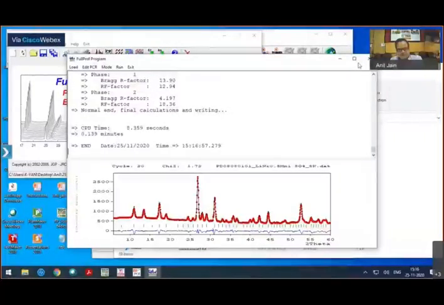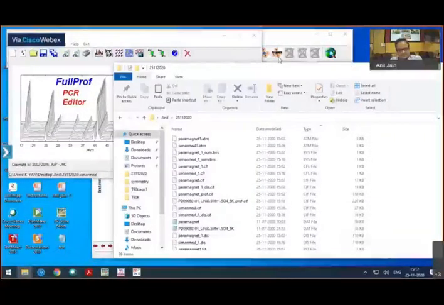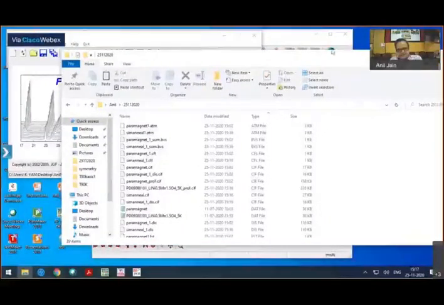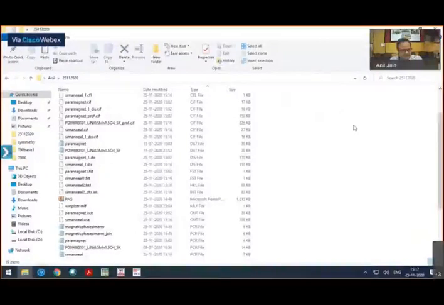And let's close this. Let us see in this file. After you run this program by adding this additional phase, it will generate a file with the extension int.